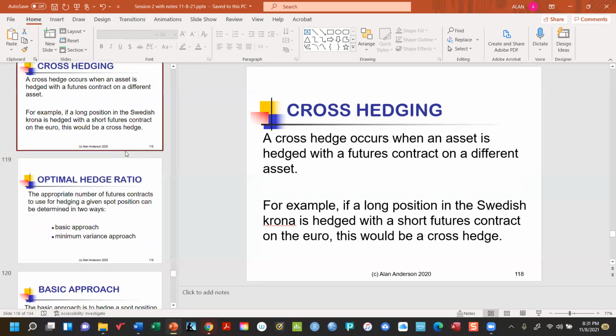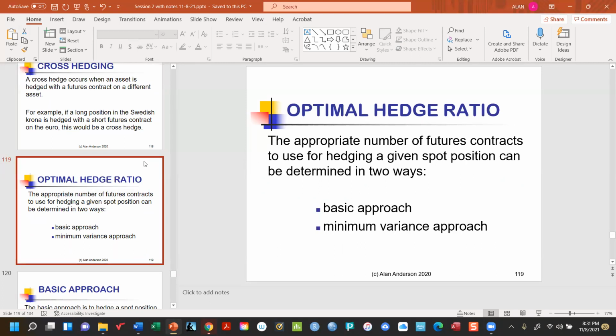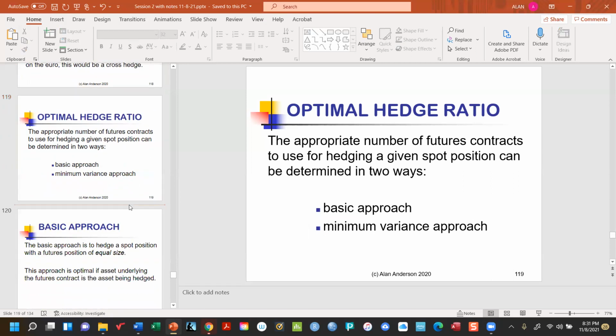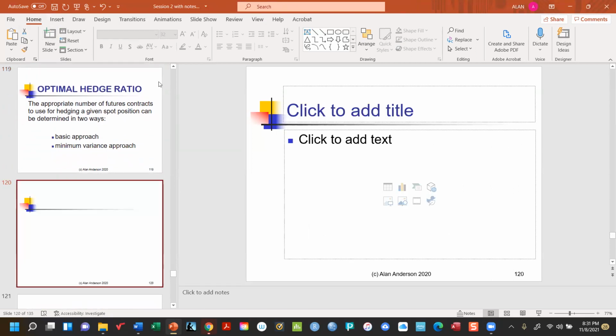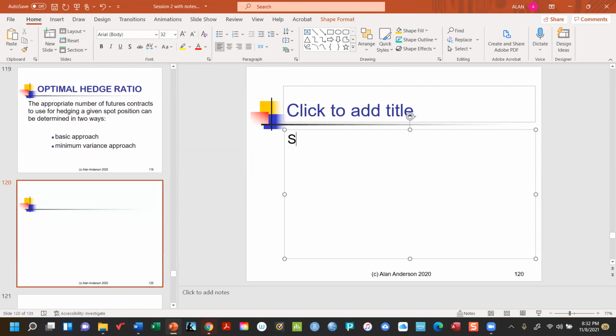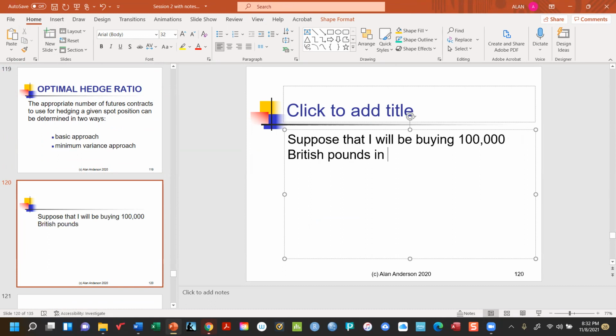All right. Well, anyway, now the next question is, how many contracts do I buy? So what we're going to do here is look at an idea called the optimal hedge ratio. So let me just show you what I mean by that. Suppose, for example, that I will be buying 100,000 British pounds in September.